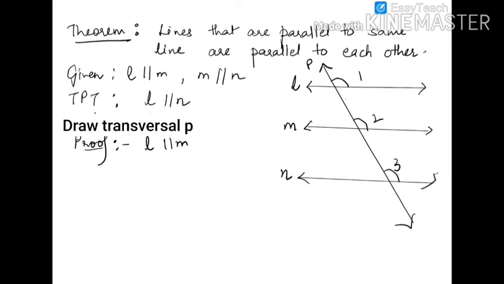L parallel to M is given in the question. So this implies angle 1 is equal to angle 2. Why? Because they form corresponding angles.